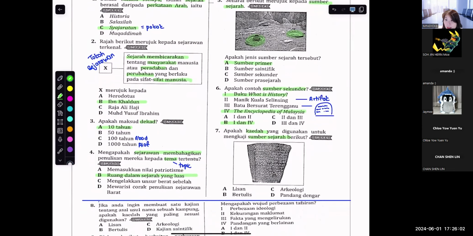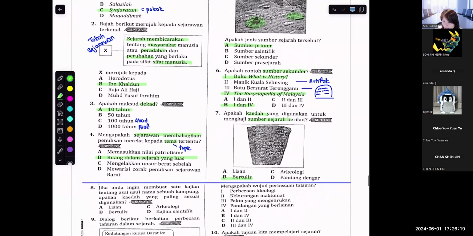Yes, kaedah archaeology. Writing on rocks. Correct. This is evidence of kedatangan agama Islam. Very good. This is all about Islam.